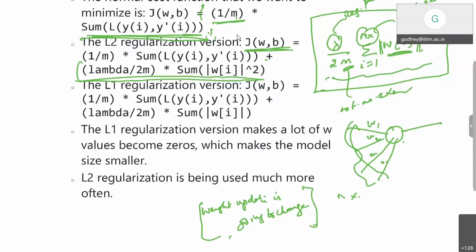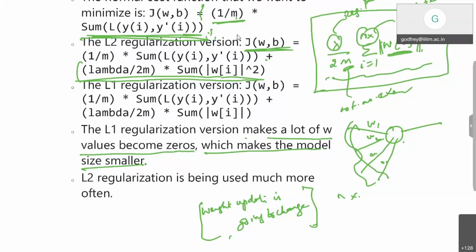For that, we see that regularization makes a lot of W values become small, which reduces the model size. So regularization has the effect that it makes the W values smaller.